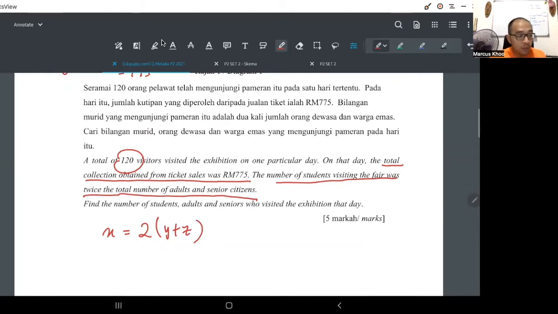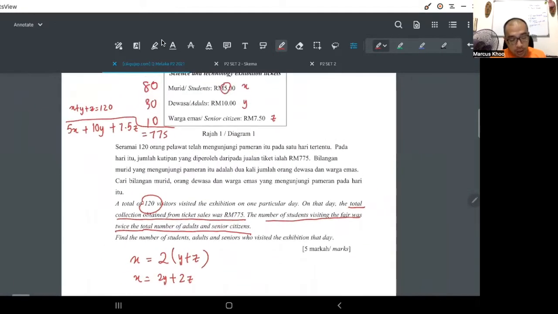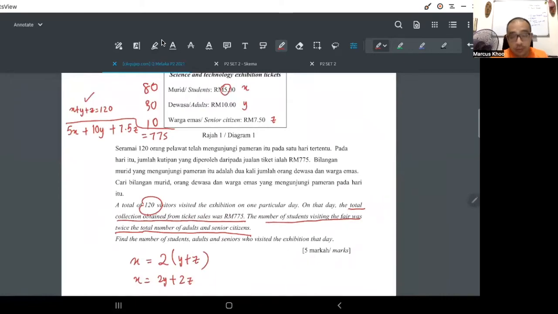Or kalau kamu mau tulis dengan cantik sikit, it will be x equals to 2y plus 2z. So here we have the 3 equations. x plus y plus z is 120, 5x plus 10y plus 7.5z equals to 775, and lastly is x equals to 2y plus 2z.